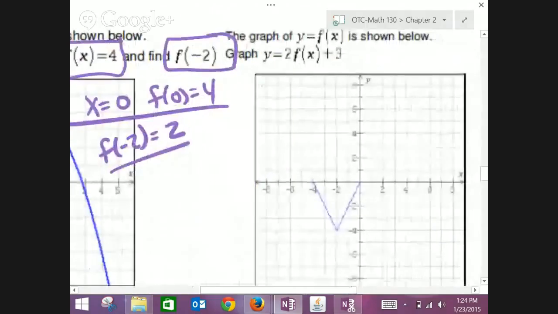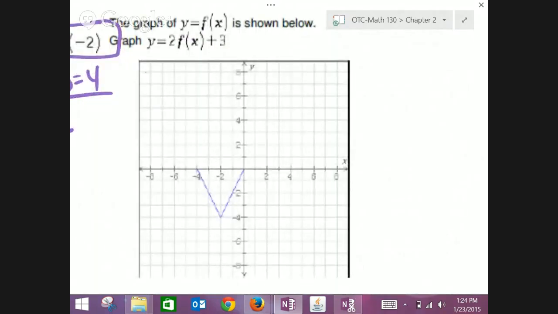An example: if I have the original graph of f of x, and I want to graph y equals 2f of x plus 3. I'm not plugging anything new into x, right?